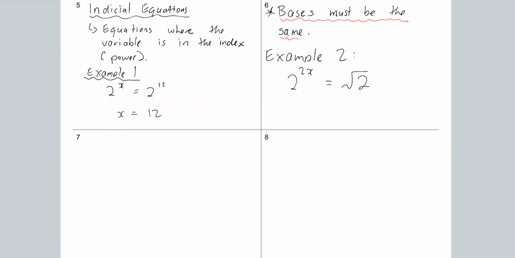Squaring both sides would definitely work, but I've got a faster method. So squaring both sides is a legitimate method. No, because you're squaring the whole of the left-hand side, and the whole of the left-hand side is 2 to the 2x.